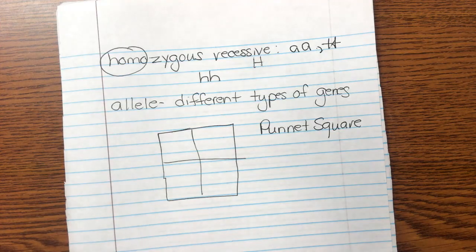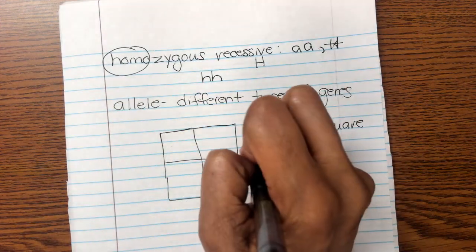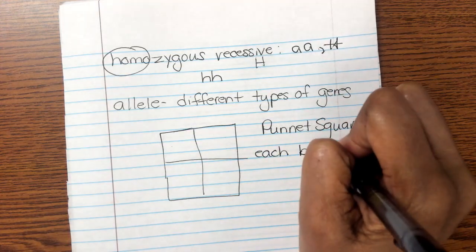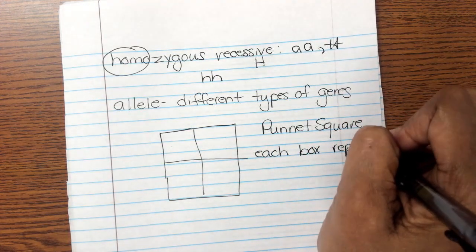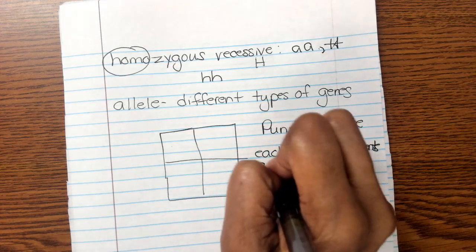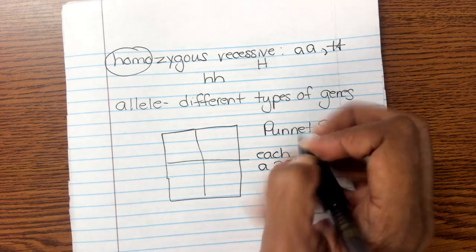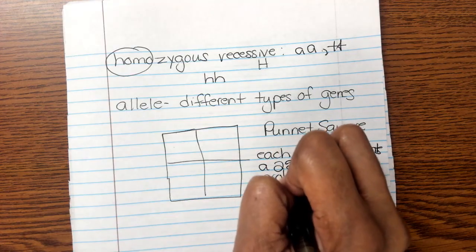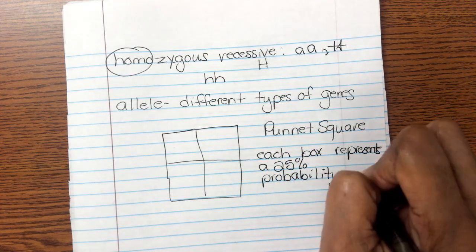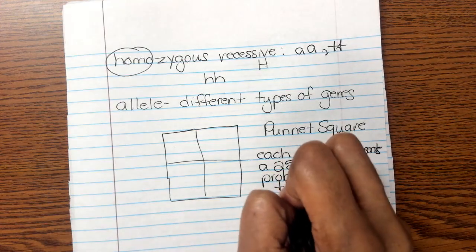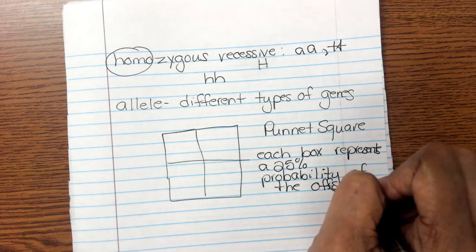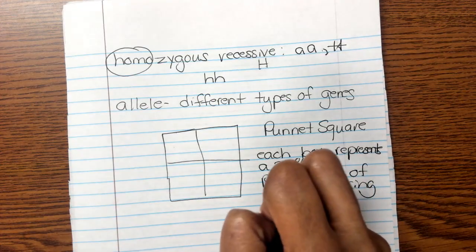Okay, so each box in a Punnett square represents a 25% probability of the offspring having that trait.